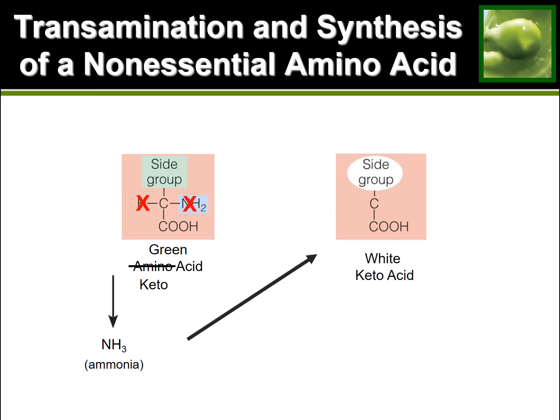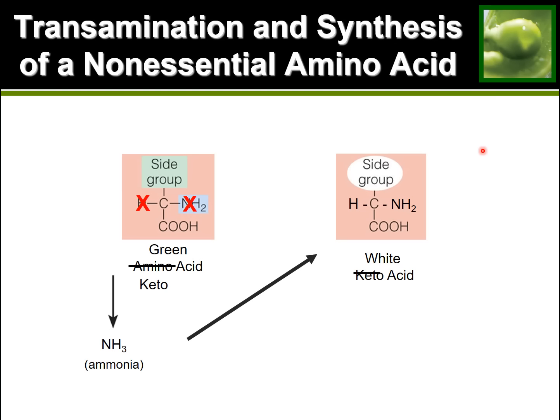So the ammonia is NH3. We can go ahead and take one of the hydrogens, put it on this side, then take our remaining NH2, add it on the other side, and now if you take a look at this structure, it's actually a full amino acid. So it was only called a keto acid before because it didn't have its amine group.